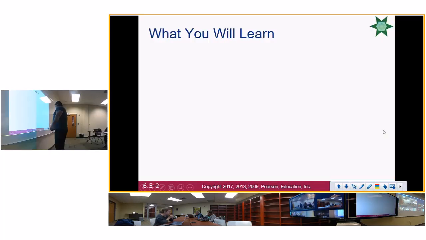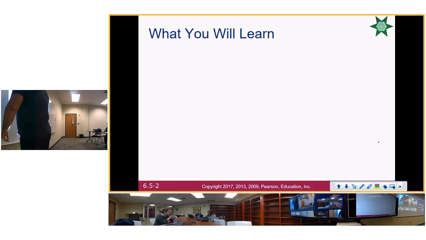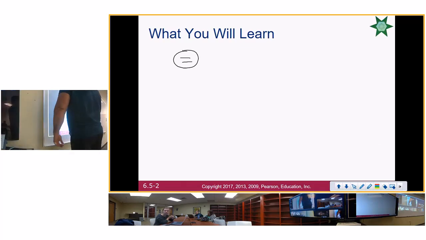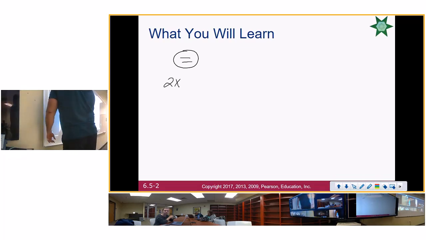What's the difference between an inequality and an equality? An equality has an equal sign. 2x plus 4 is equal to 6. Minus 4, minus 4. 2x is equal to 2. x is equal to 1.